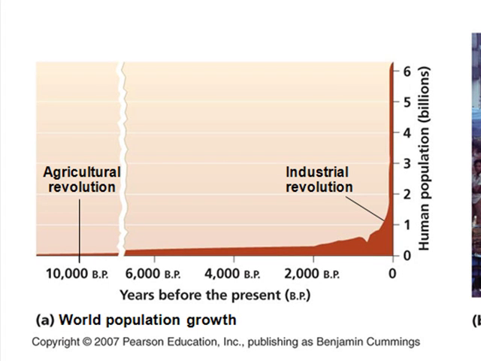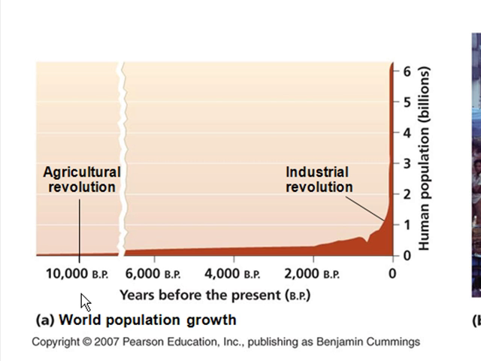I want to note that there have been two major events in the history of humanity that triggered the increase in population. The first, as you can see, around 10,000 years BP, which means before present, humans began to cultivate crops and work with animals and domesticate them, and that led to the ability to stay put.